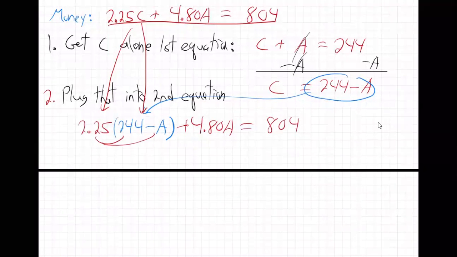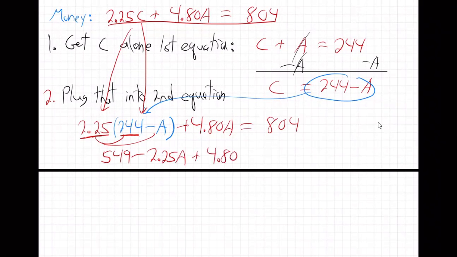So let's distribute, and use your calculator. 2.25 times 244, I'm getting 549, minus 2.25A plus 4.80A is 804.